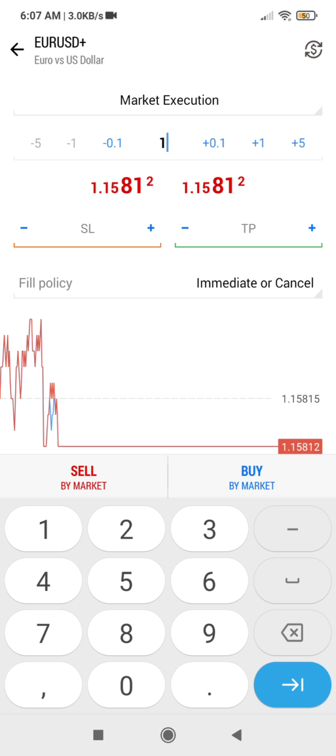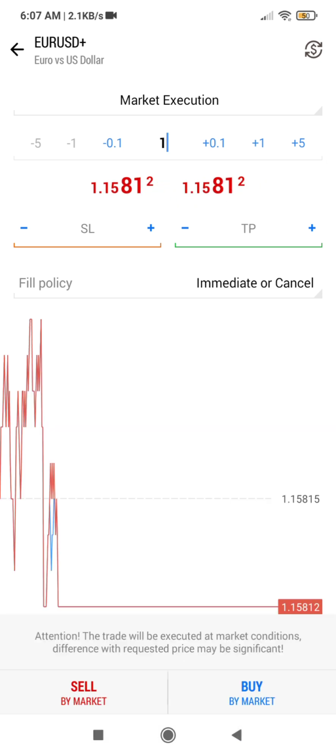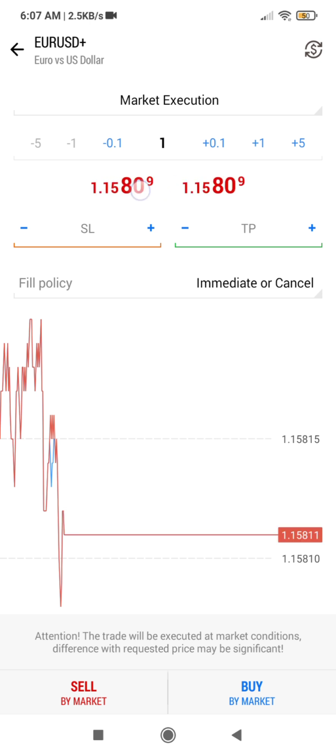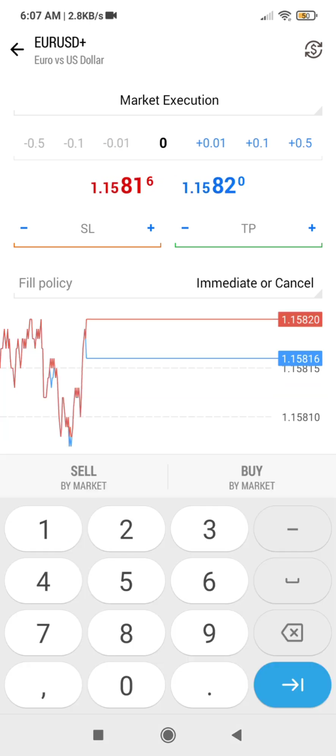So we can see that the current market price is this one. If I press sell or buy, if I click on any of them, it is going to take me in at this particular price.